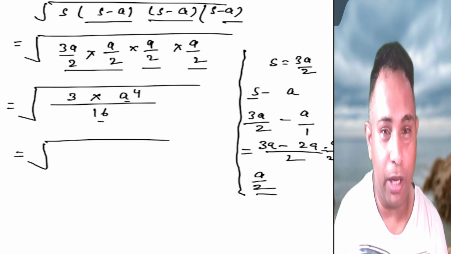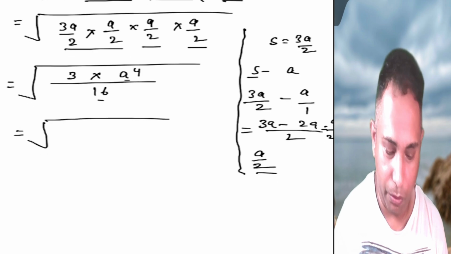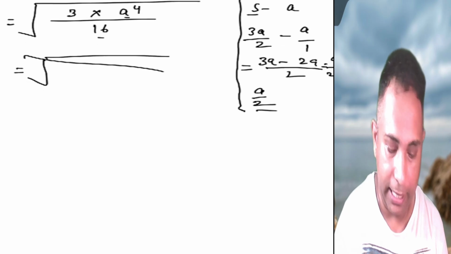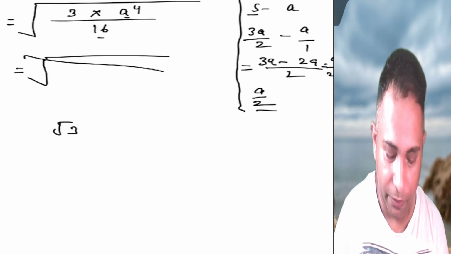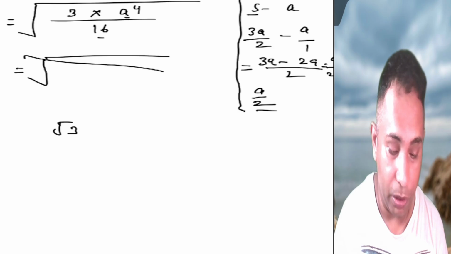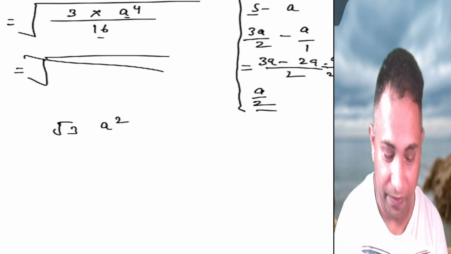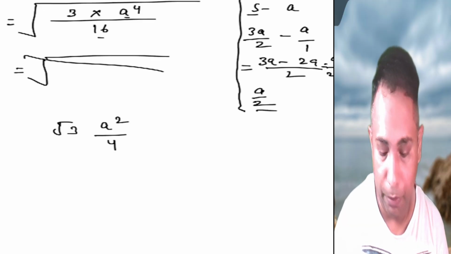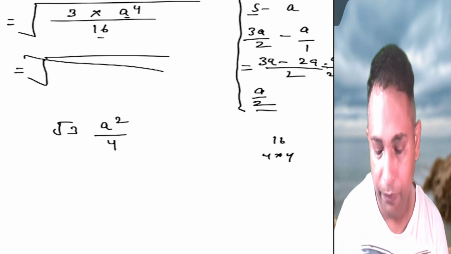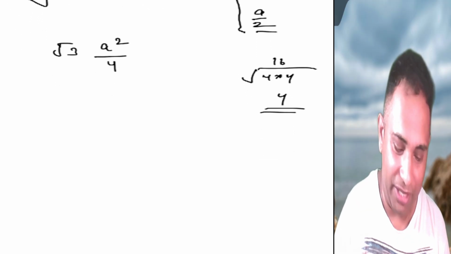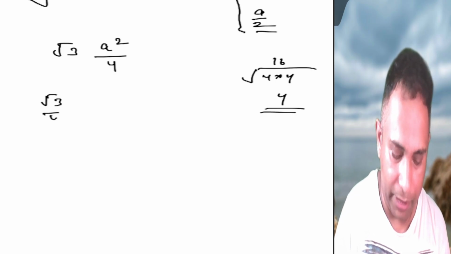We can take the square root of this. After solving, root 3 will come outside the box as it is, because it is not a square. A to the power 4 we can write as A square, and 16 can be written as 4 by 4, so it comes out as 4. So see, root 3 by 4 A square.